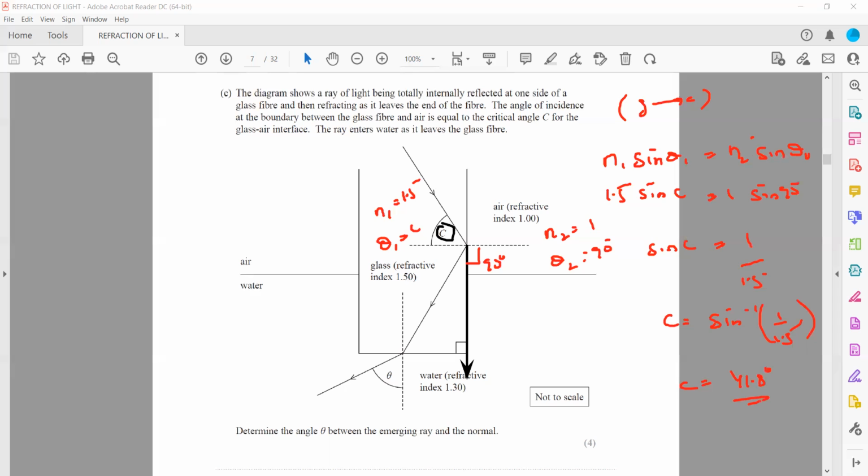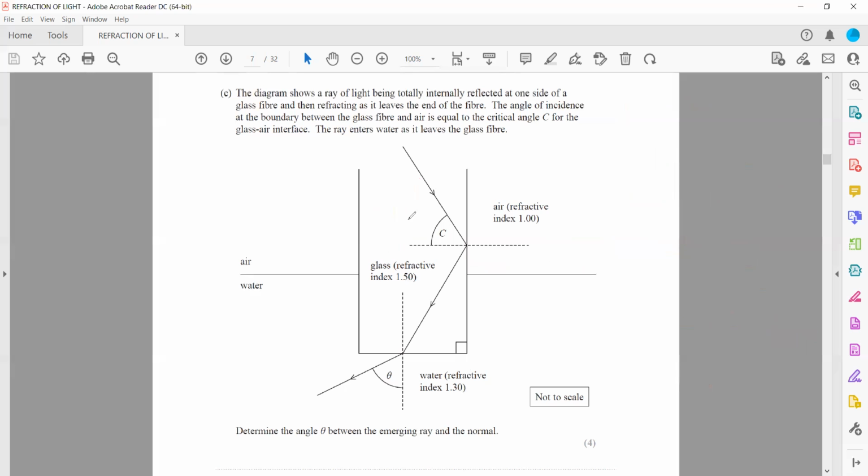degrees. Why do we need this critical angle? Because we'll use the same formula here, but once I identify the critical angle, as you can see here, this is 41.8. We worked it out. So what will be this other angle?